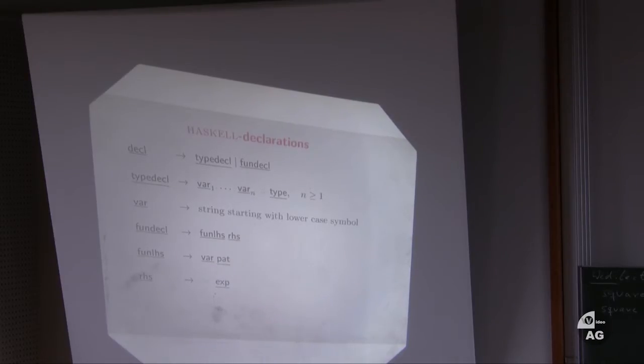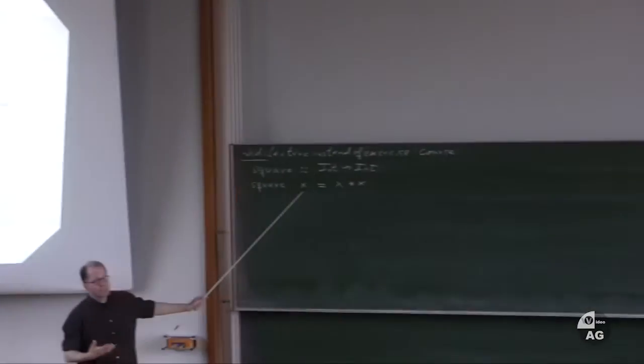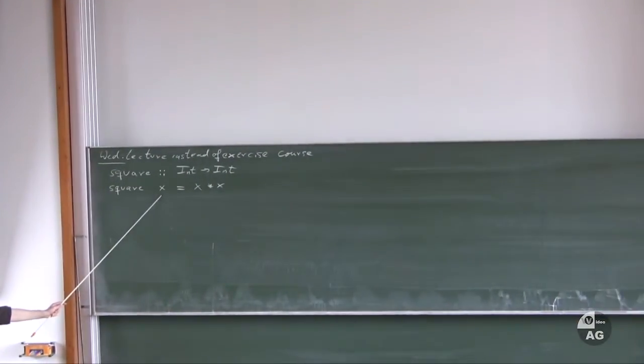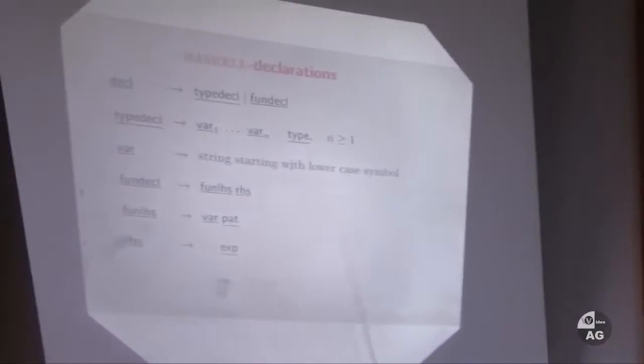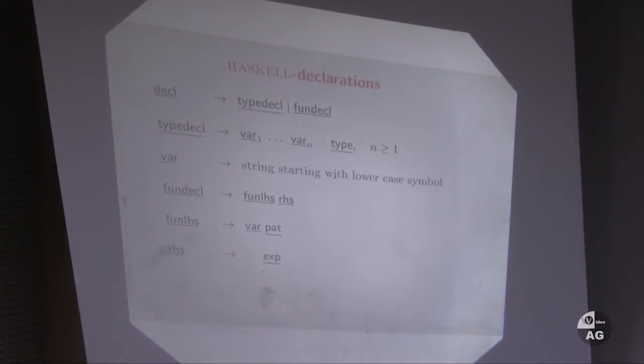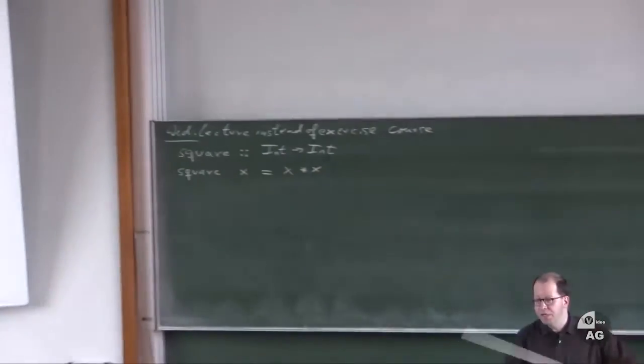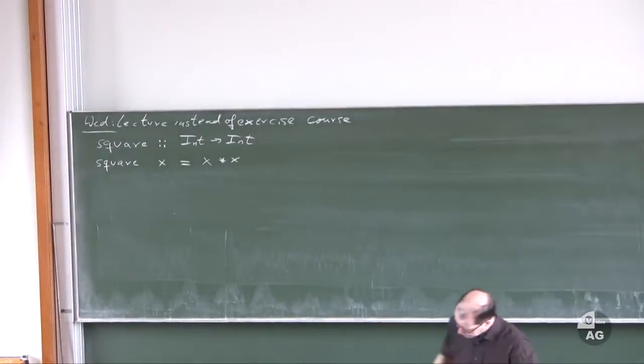A pattern is a special expression that describes the form of expected arguments. In our example, the pattern is x, and that describes that we can use any argument here. So any integer is allowed here. And the right-hand side consists of an equality sign and some expression, for example, this expression over here, which is built from the variable x and the predefined operation times.